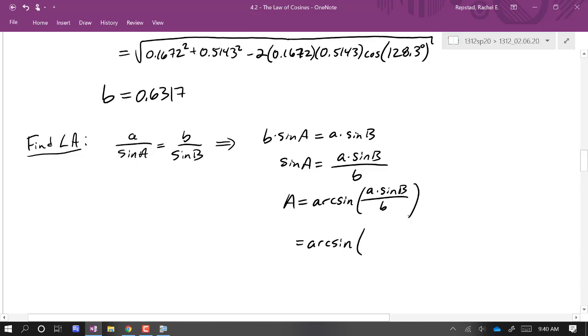Arcsine of 0.1672 times sine of 128.3 over B, which is 0.6317.